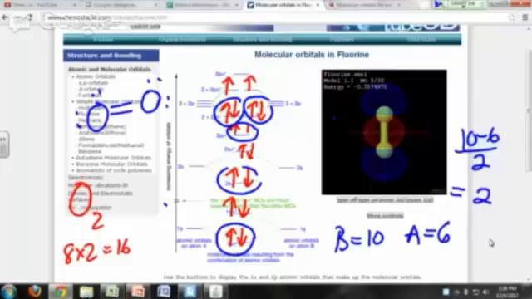One thing you'll notice about O2 is it has 2 unpaired electrons. What does an unpaired electron imply? You would expect the O2 molecule to be paramagnetic. You would expect it to react to an external magnet. And in fact, O2 is a paramagnetic molecule.